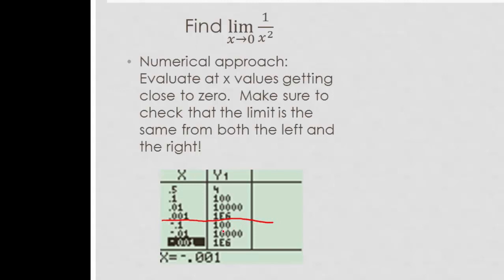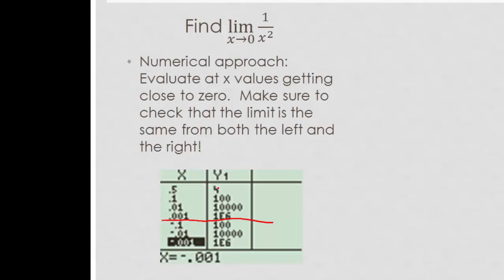You should be coming at it from the right, because those are all numbers larger than 0. Whereas when we come at it from negative 0.1, negative 0.01, negative 0.001, those are all numbers smaller than 0. So these are your left-hand limit.